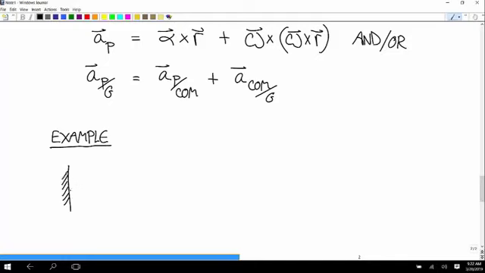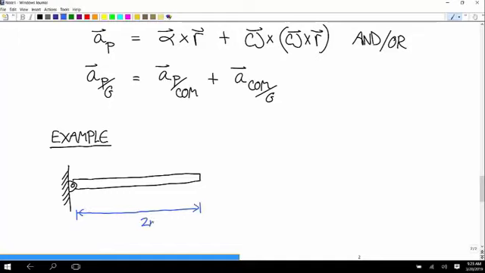So let's say we have a hinge connecting a bar to a wall. And let's say that the length of the bar is 2 meters. The mass of the bar is 10 kilograms.